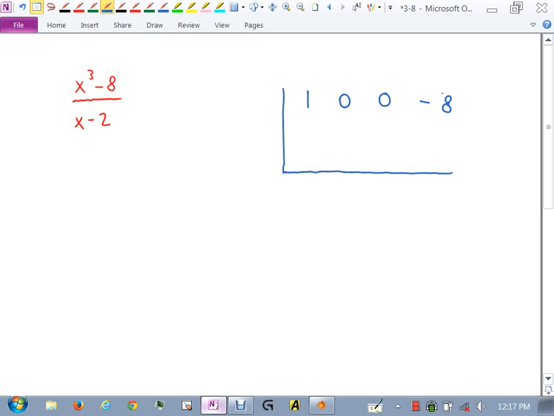Oh, I forgot that there was an x squared and an x that were not there. I forgot. It's going to be completely wrong. You have to account for the zeros with synthetic division. Any questions there? Now, what goes on the outside? 2. Okay, you real quick try and do that thing. You know, add down, multiply, cross, bring up, add down, multiply, cross, bring up. See if you can get the same answer I get.